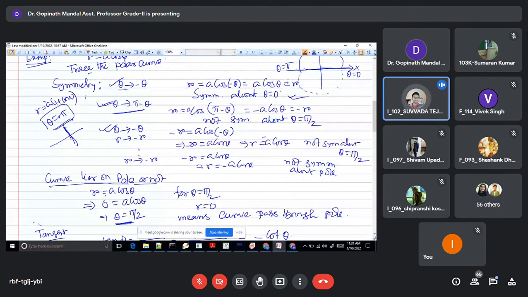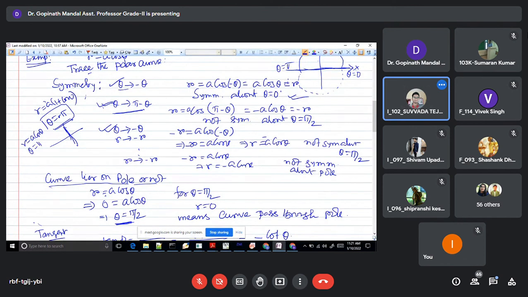For r equal to a cos theta, if r equal to 0, then cos theta equal to 0, so theta equal to pi by 2.